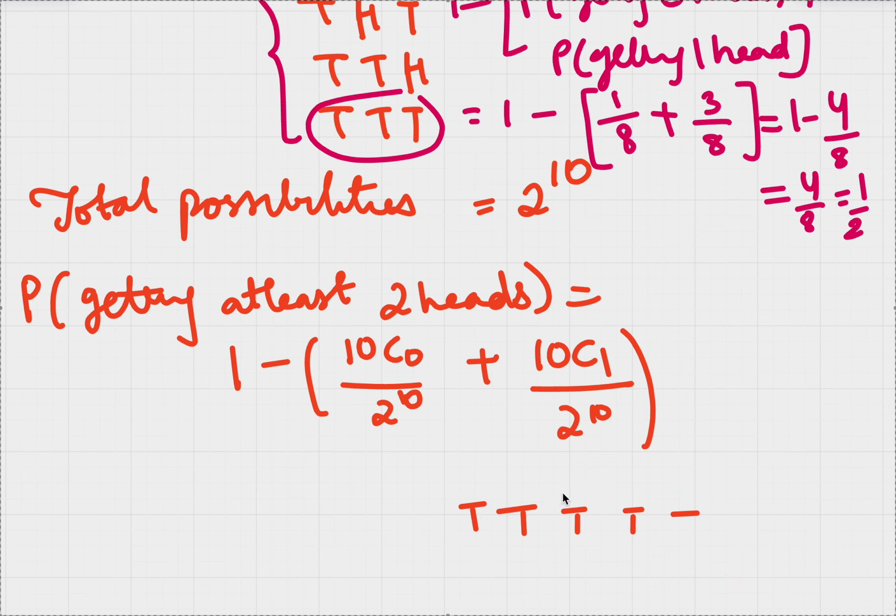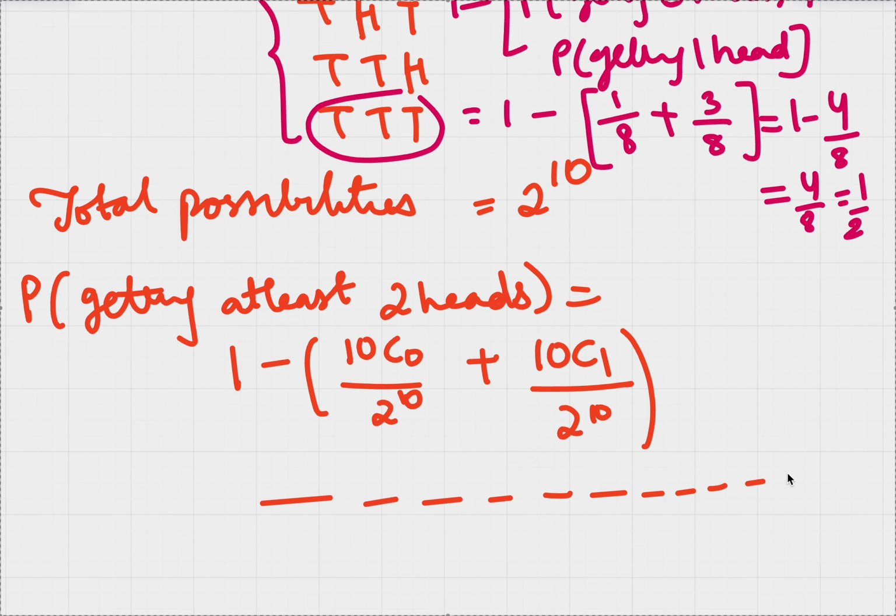10C0 is 1. So this is just one case. Now why do we have 10C1? Can anyone take a guess? So 10C1, because we are just choosing one position out of the 10 positions which we can give to the heads. That happens 10 times, right?